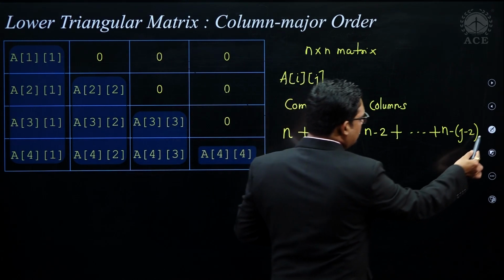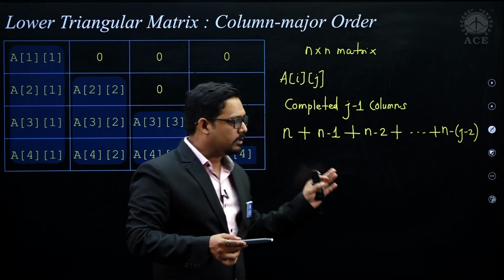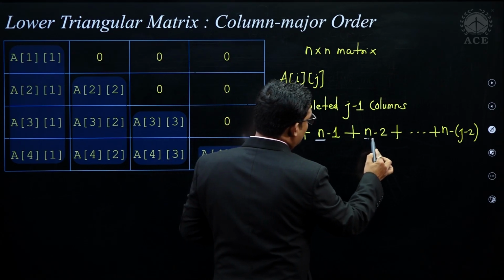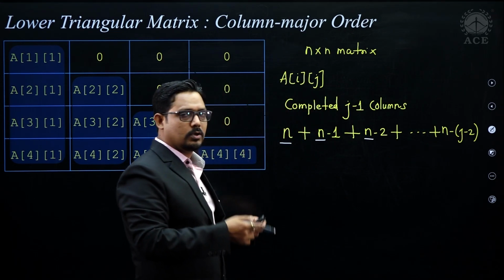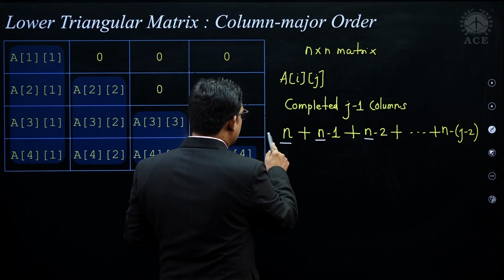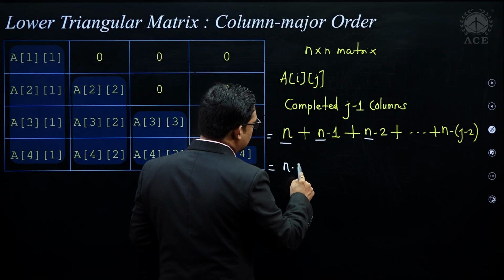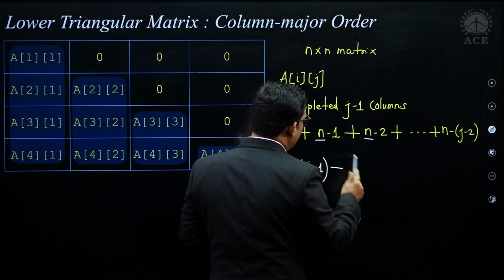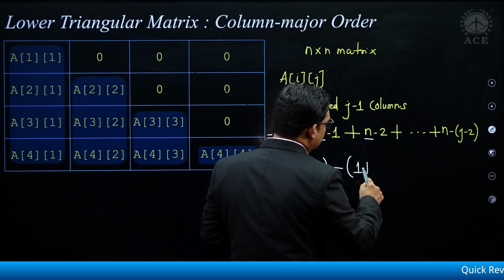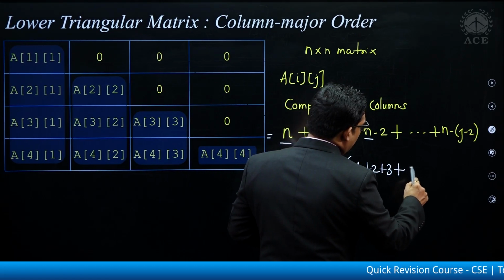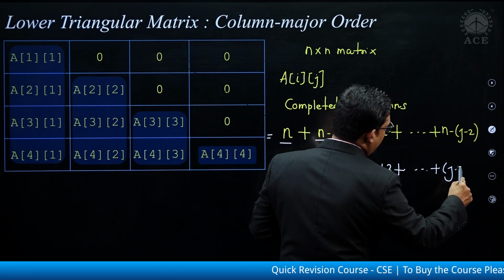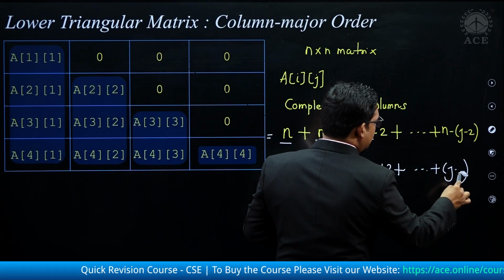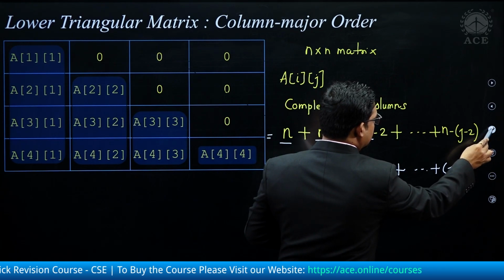Now here I ask you a simple question: how many n's are here in this case? The number of n's will be 1, 2, 3, and the number of terms is j minus 1. So the number of n's will also be j minus 1, and I can write it as n times (j minus 1). Minus, I will take common and I see a series here, 1 plus 2 plus 3, and this sequence will go up to j minus 2.